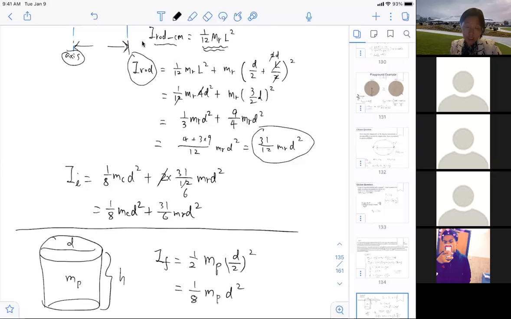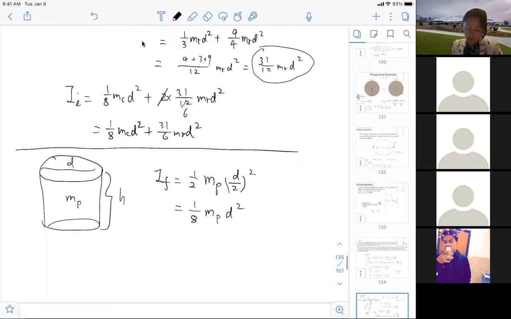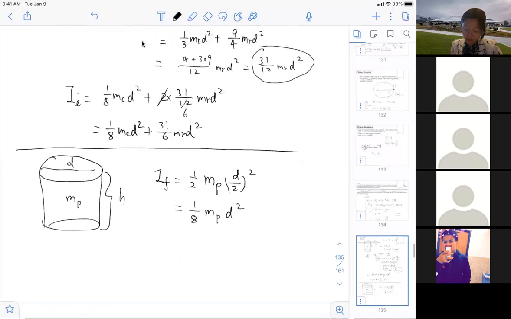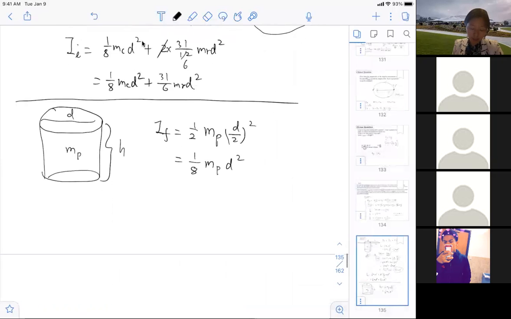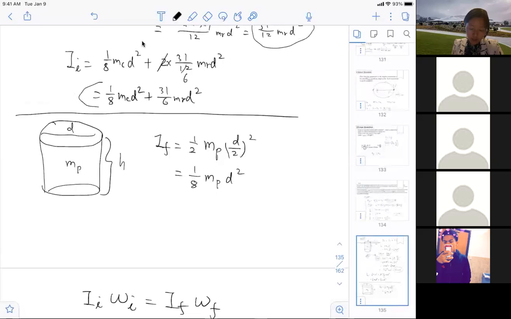So now we are ready to plug this into our equation for conservation of angular momentum to get the new omega. So use I omega to be a constant, right? Okay, what is my I initial? I just got it here.